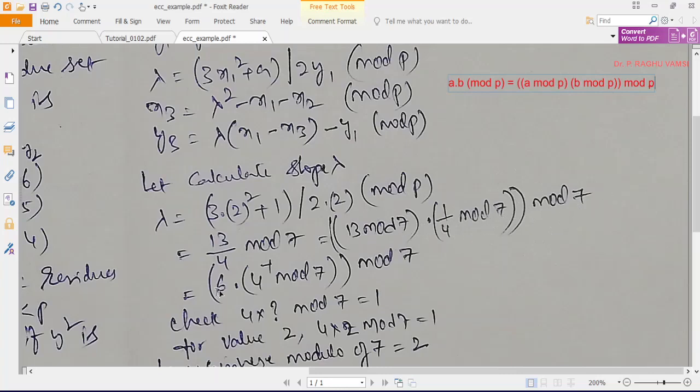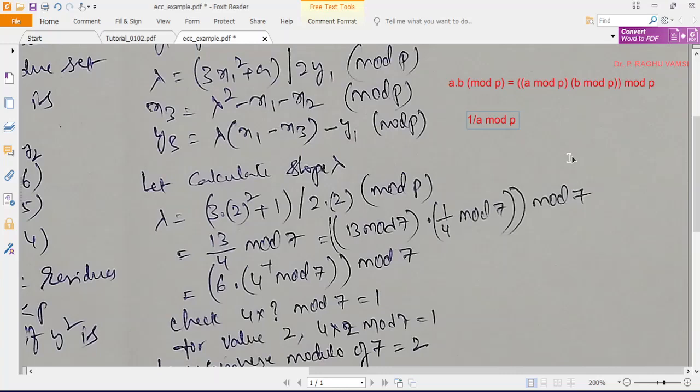13 mod 7 means it is 6, because 7 ones are 7, remainder is 6, into 1 by 4, which can be calculated as 4 inverse mod 7. So we need to compute the modular inverse of 4 mod 7. If you consider 1 by a mod p, then it should be such that a into x mod p is equal to 1.